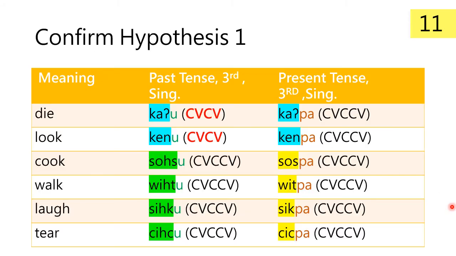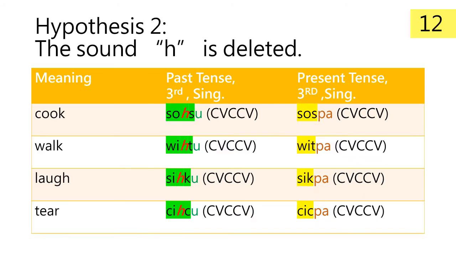However, to confirm this hypothesis, we carefully look at the data again, and we can find that the structure CVCV also exists in the data. Therefore, we reject this hypothesis and continue to test the second hypothesis.